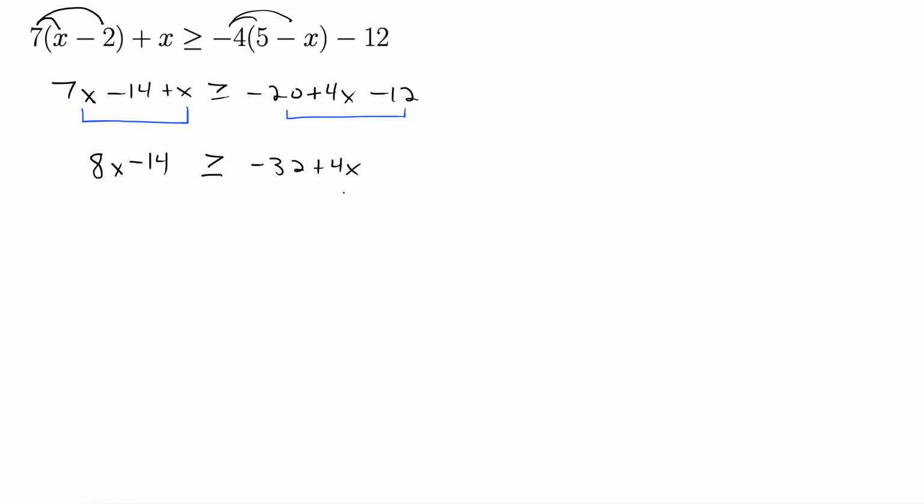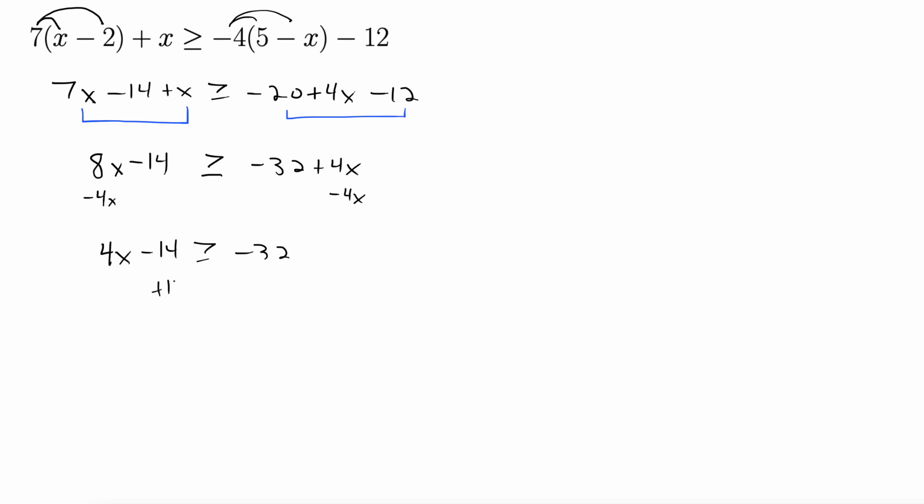And now, like we saw in the last example, it's a little easier if you can keep the variables positive. So I'm going to subtract a 4x from both sides here. Right, to keep that positive, because that gives us 4x now minus 14 on the left, greater than or equal to -32.